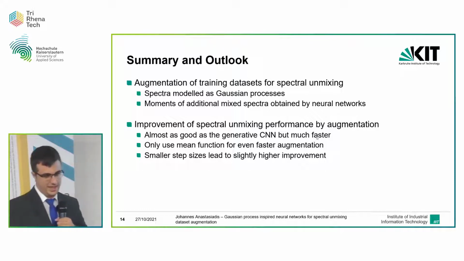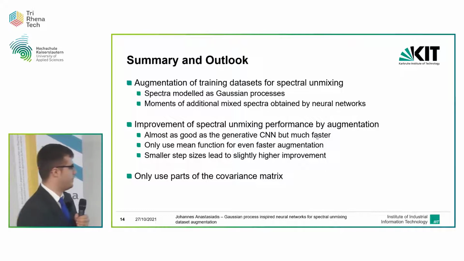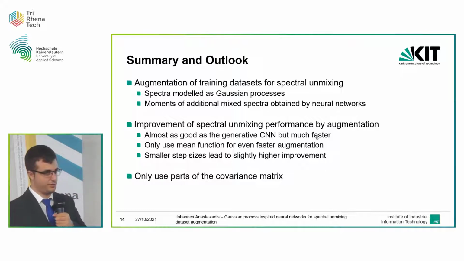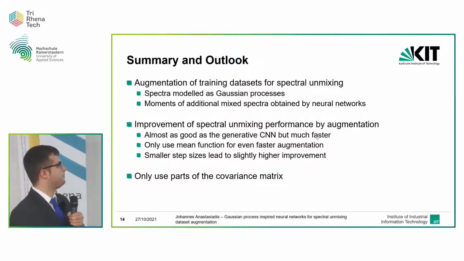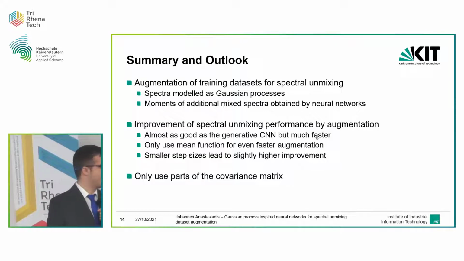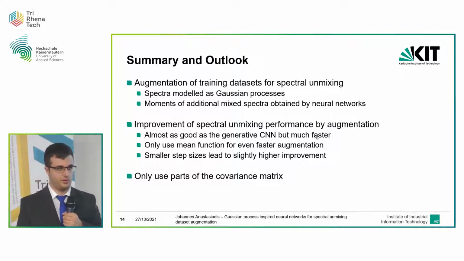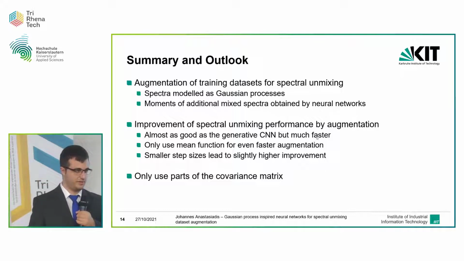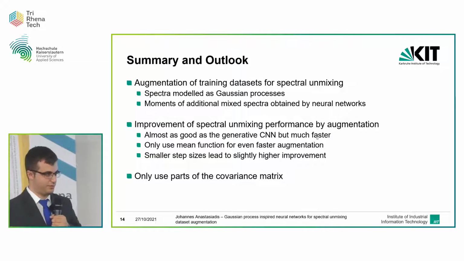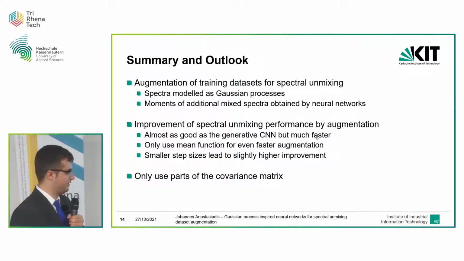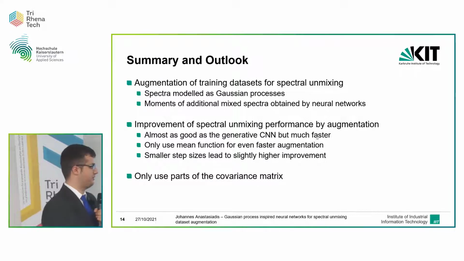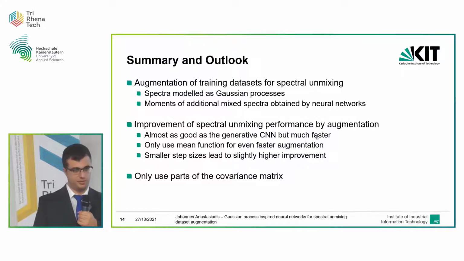In the future, it would be possible to use only the relevant parts of the covariance matrices, because we saw that it also works if we only use mean vectors, and those covariance matrices make it slow, and they are very huge, but far away from the main diagonal, there is not much energy, so maybe there is an optimal solution to this.